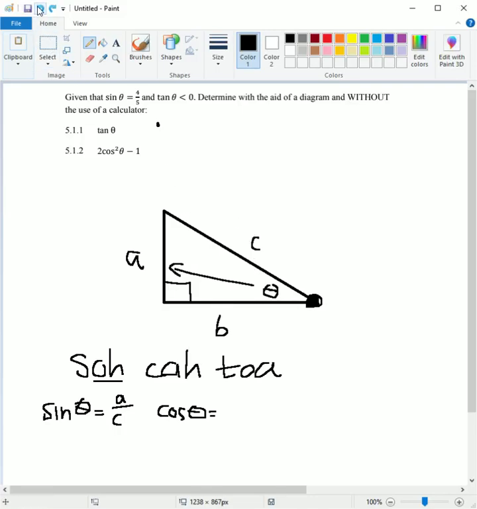But we know that C is already our hypotenuse, so B is our adjacent side. So cos of theta is adjacent, which is our B, divided by H, our hypotenuse, which is our C. And similarly, tan of theta in this case is going to equal opposite, which is our A again, over adjacent, which is our B. Okay, so that's all true.